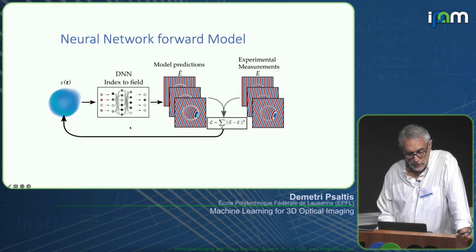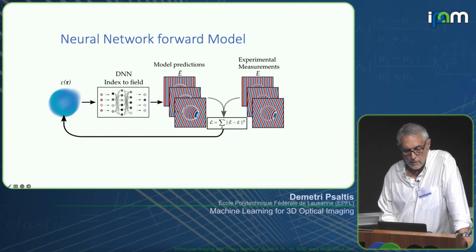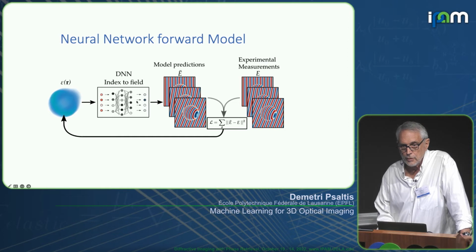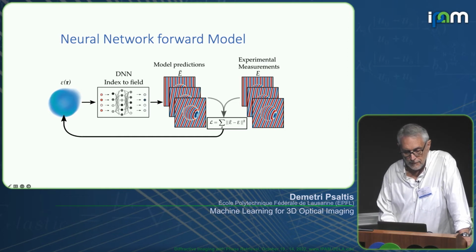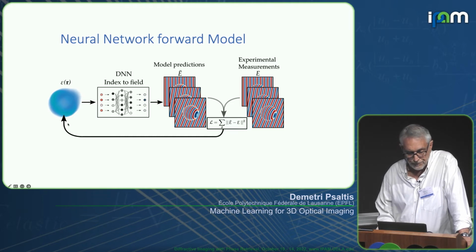In this case, we're going to use a neural network instead. So we're going to start with the index of refraction, and we're going to go from index to field. This is like COMSOL, or the model could have been COMSOL, but instead we'll use a neural network to go from index distribution to the field. Then you compare that to the measurements, and then go back.